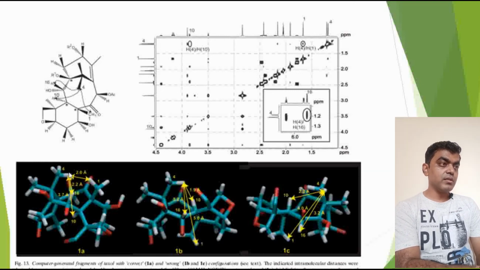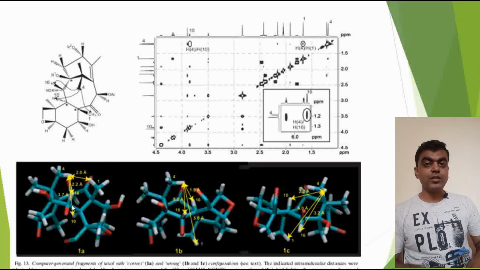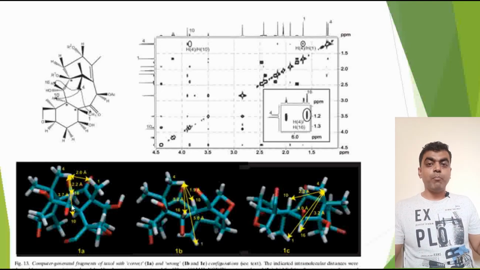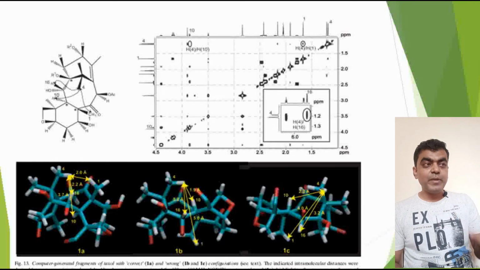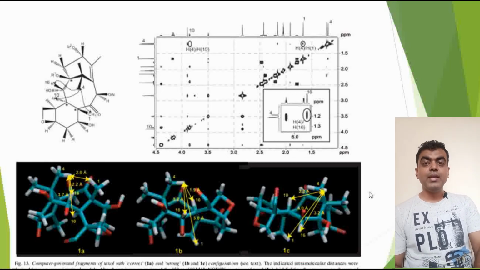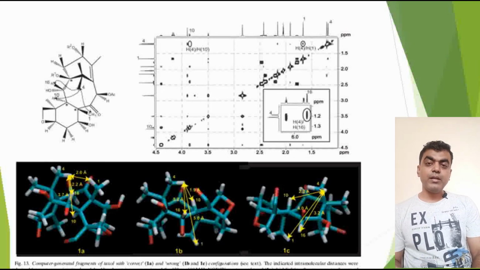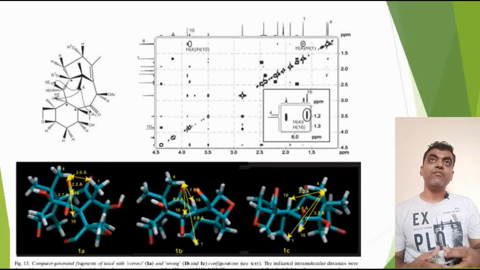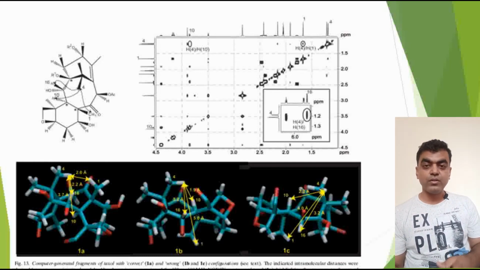So this is the spatial orientation, the through-bond length orientation, the spin coupling, everything will give you the information to get to the final structure. And that is why, till date, NMR is almost the final modality through which structural elucidation is always done. Be it any other modality, with NMR you get all the information.